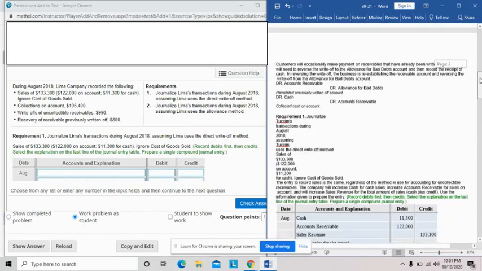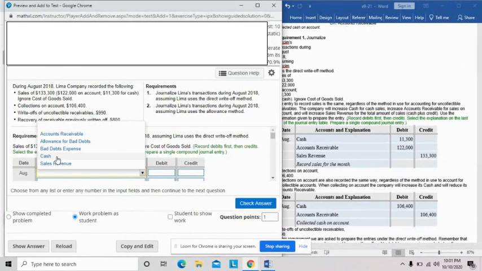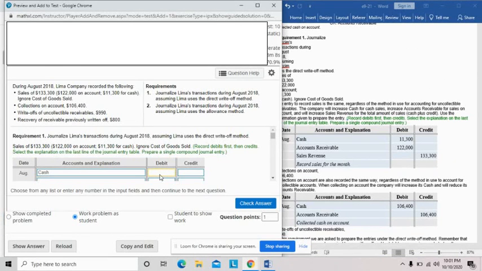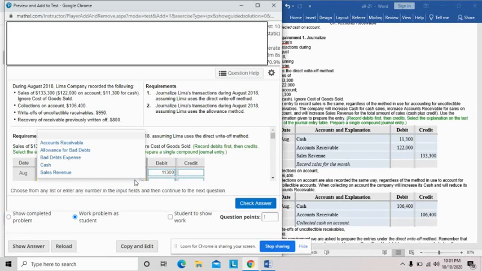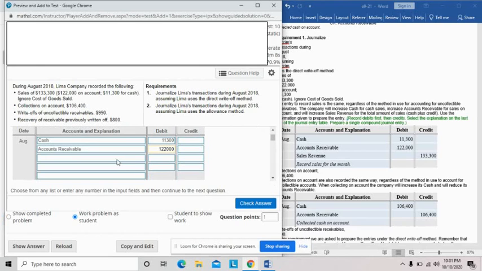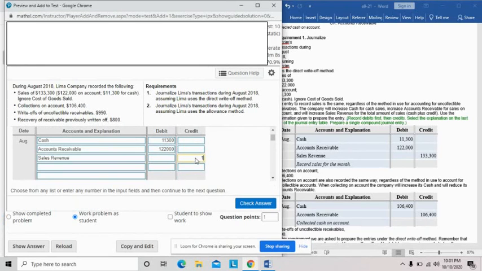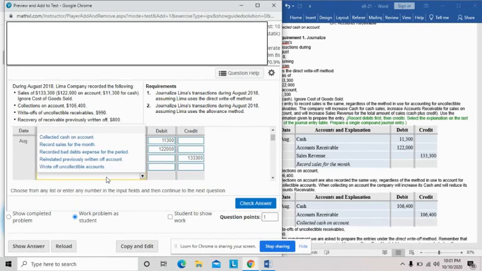So the journal entry for this will be a debit in cash, 11,300, a debit in accounts receivable, 122,000, and a credit in sales revenue, 133,300. The explanation for this journal entry would be recording sales for the month.